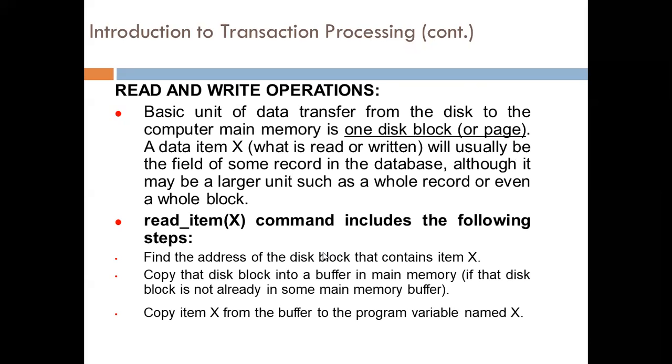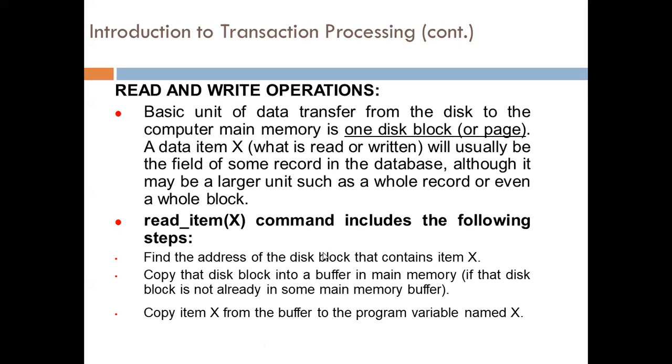A data item X will usually be a field of some record in the database, although it may be a larger unit such as a whole record or even a whole block of data. The read_item command includes the following steps.